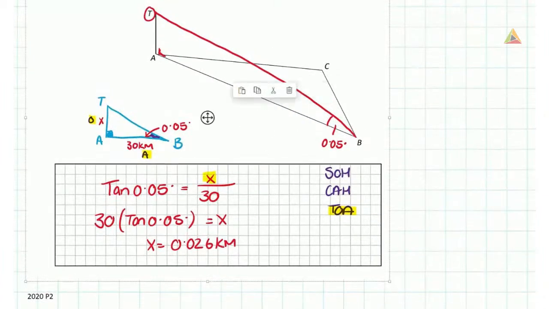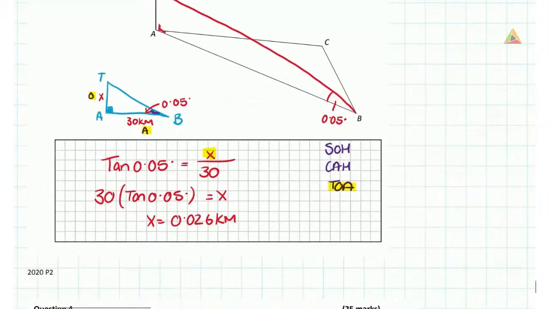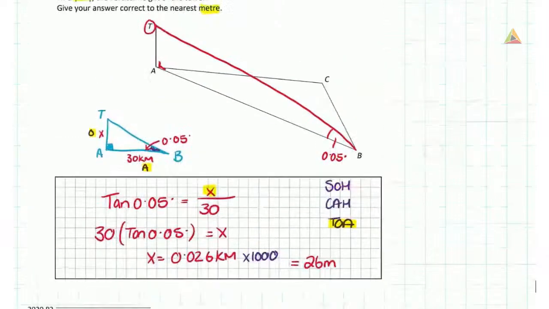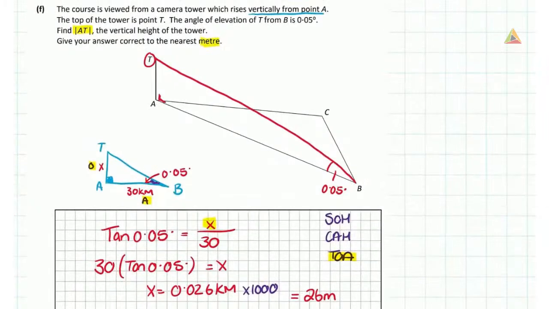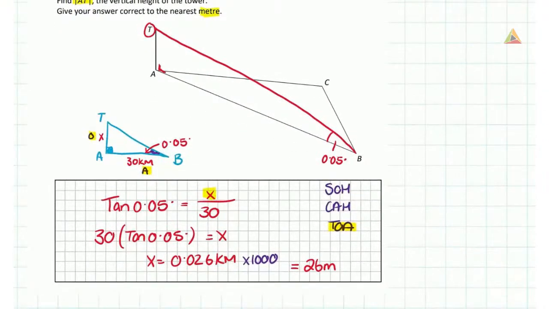We were asked to give our answer to the nearest meter. So all we're doing is multiplying this by 1,000, because kilo means 1,000 and there are 1,000 meters in a kilometer. So the height of your television tower in this case, or your camera tower, is 26 meters.